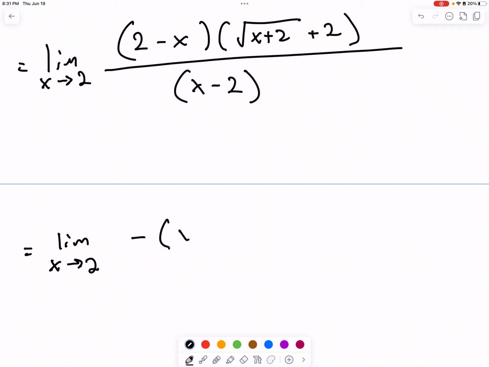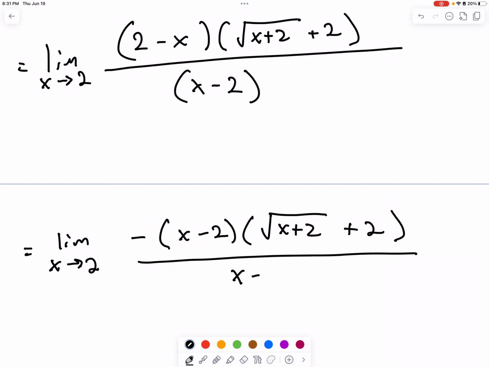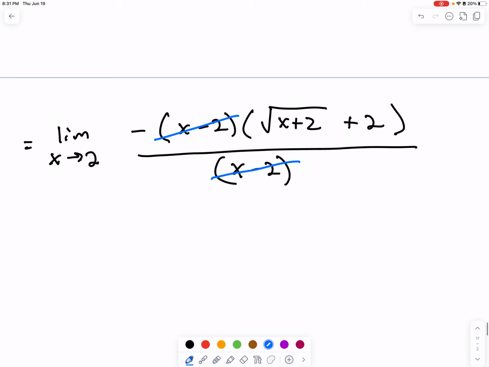Now it's going to become x minus 2. Then everything else kind of stays the same. Okay. So now with this manipulation, we can cancel this, and that serves us a lot. I think the radical expression is gone at this point now.